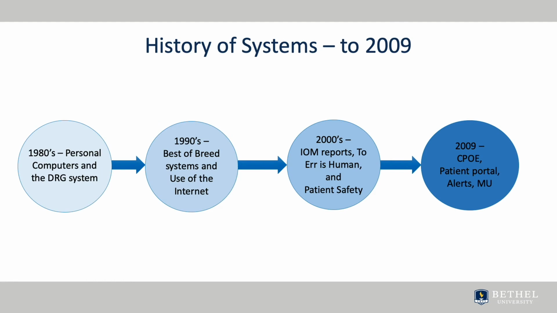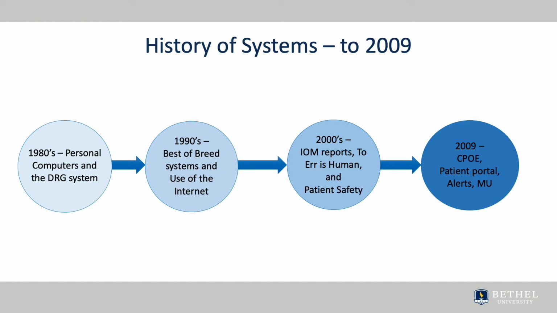Information systems themselves have a history that is separate from the legislative and funding history. The turning point was the introduction of the personal computer in the 1980s and the Medicare DRG payment system that depended on the patient's diagnosis and procedure for payment.